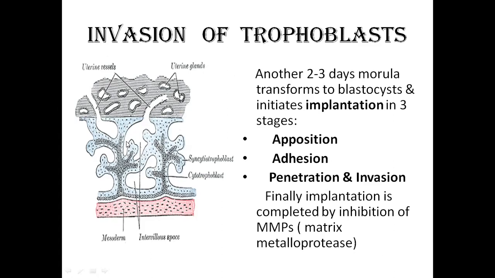if these are the chorionic villus, then this intervillus space has lacunae of blood vessels, and this blood vessel is coming from the maternal blood vessels. So here there will be growth of the fetal blood vessels, whereas in the intervillus space there are the maternal blood vessels.